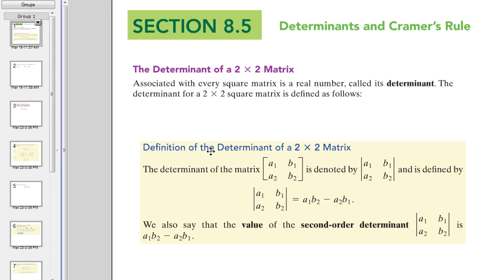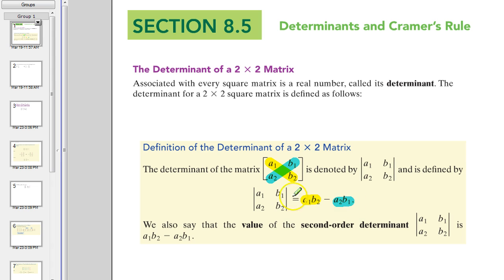determinant. Alright, so the way we come up with the determinant here for a 2 by 2 matrix, I'm going to use a highlighter here to show you, is we multiply diagonally here A1 times B2. Alright, those two get multiplied together. And then we go multiply back the other direction diagonally, or what I refer to as the off diagonal, B1 times A2.